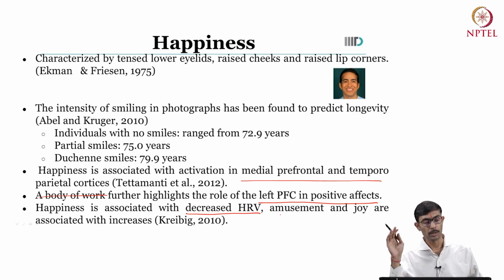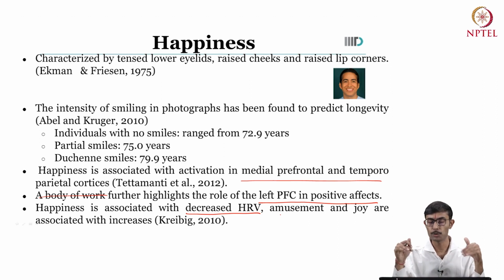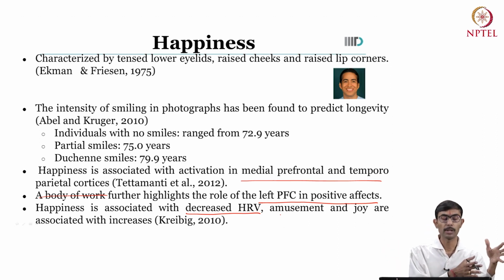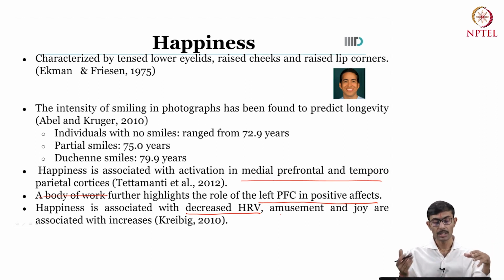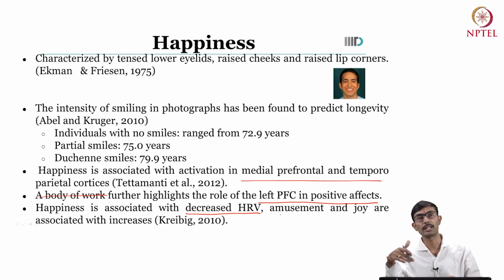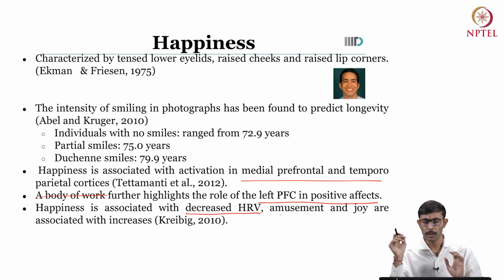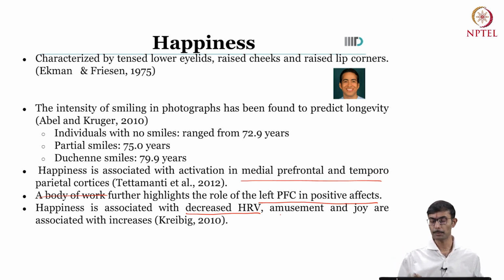So basically the differentiation between happiness, amusement and joy is that there is a varying degree of positivity as well as intensity. In this experiment by Kreibig, they showed that while there is decreased heart rate variability in happiness, there is increased heart rate variability in the case of amusement and joy among the users. Perfect.